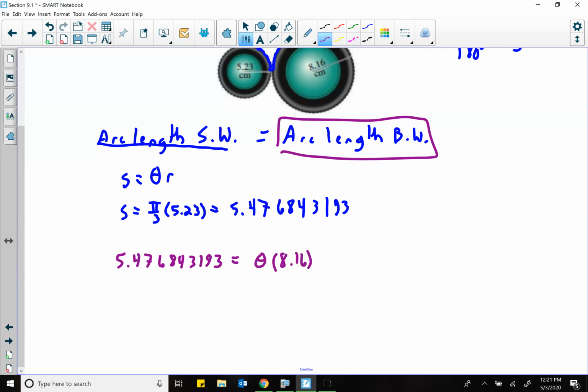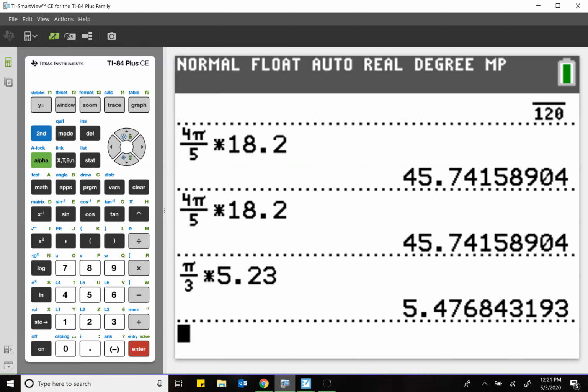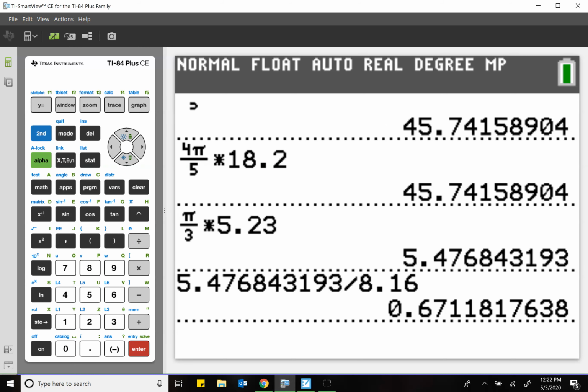So how do we get theta by itself? Divide by 8.16, because it's like the variable x. That's all it is. Theta is just a variable. So I'm going to go to my calculator, scroll up, grab that number, divide by 8.16. And there we go. So there's our theta. But remember, this is in radians.